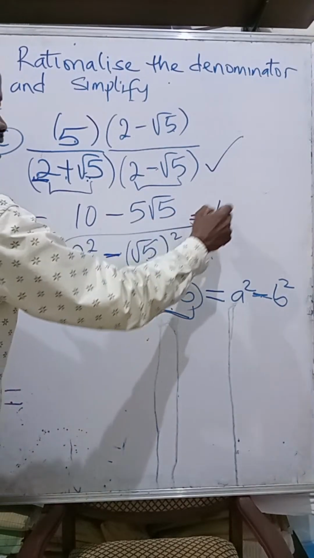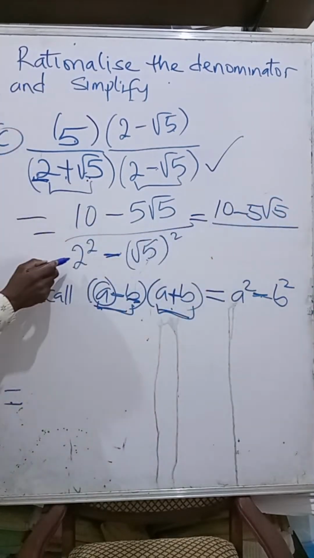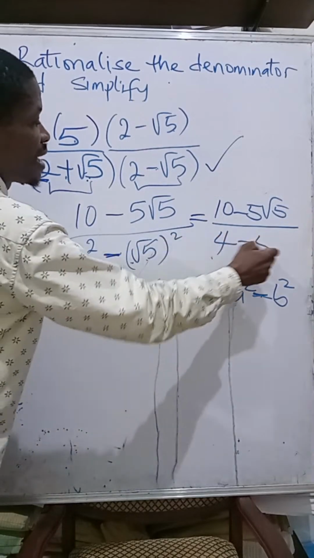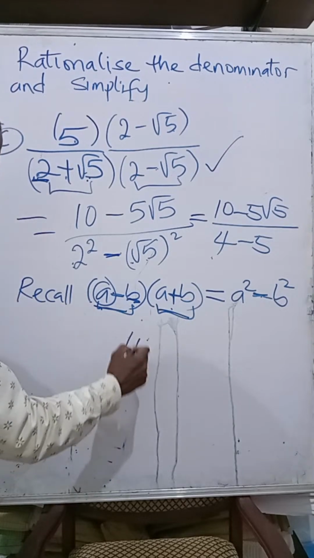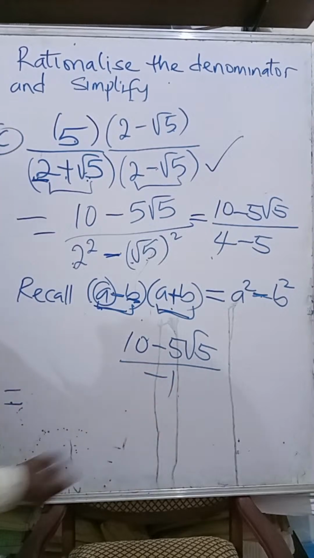And this will be equal to 10 minus 5 root 5 over 2 squared, which is 4, minus root 5 squared, which is 5. And that's minus 1. So we're going to have 10 minus 5 root 5 over minus 1.